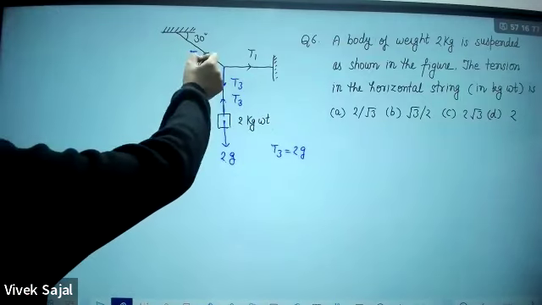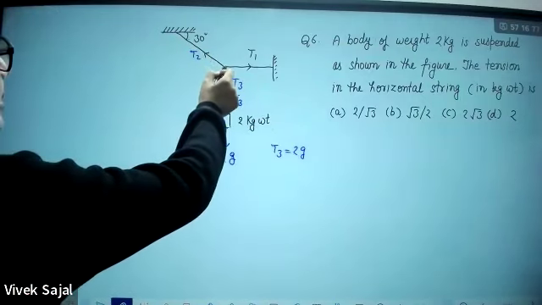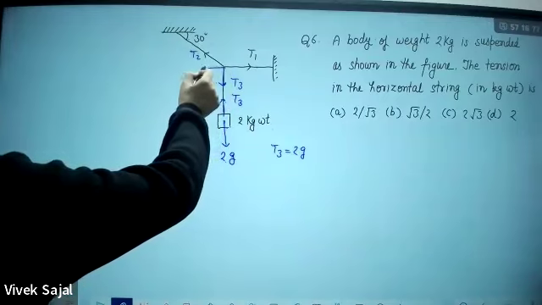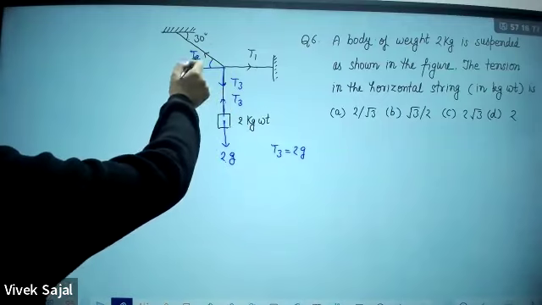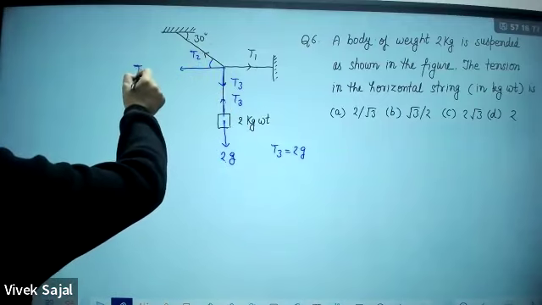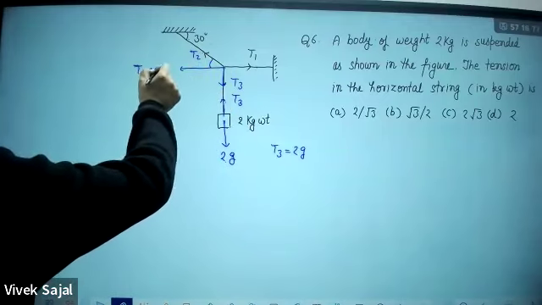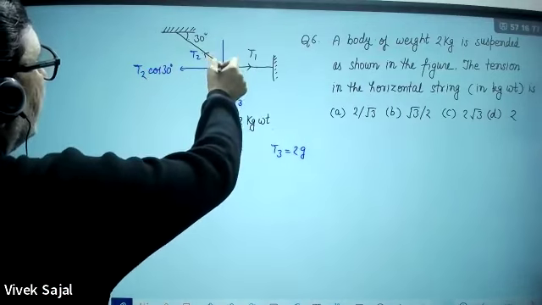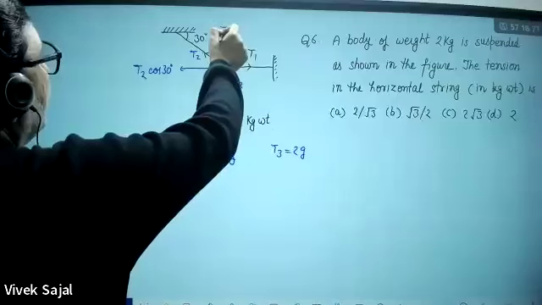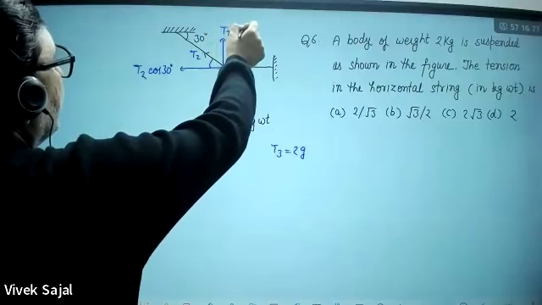So resolve this. If this is 30 degree, then if I extend this angle, this will be 30 degree. So this will be T2 cos 30 degree, and in the upward direction, that will be T2 sin 30.